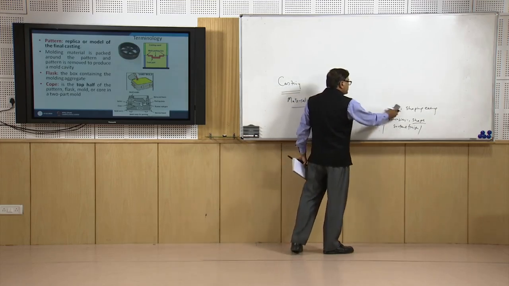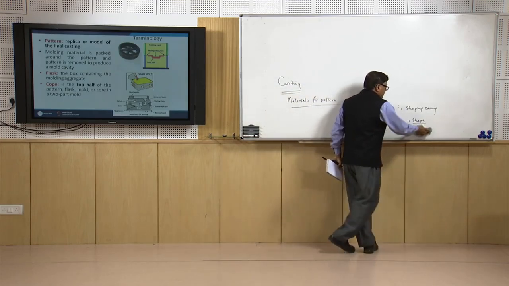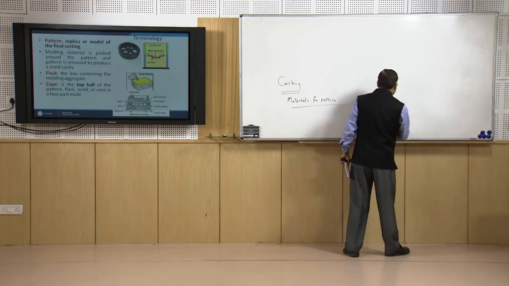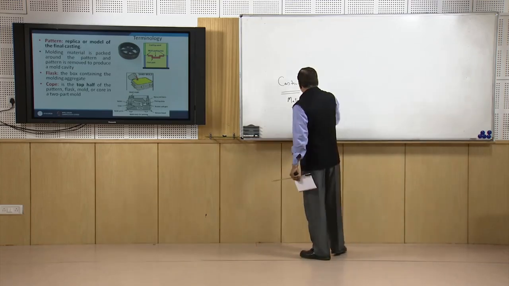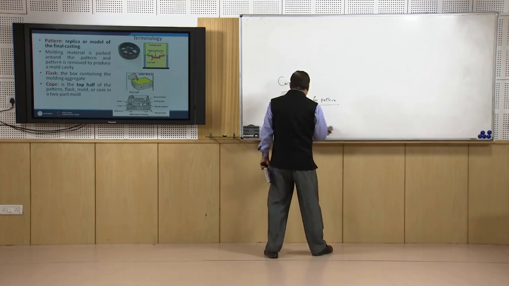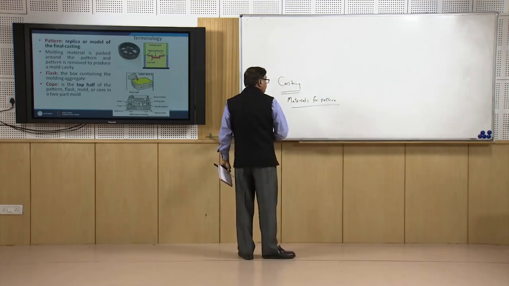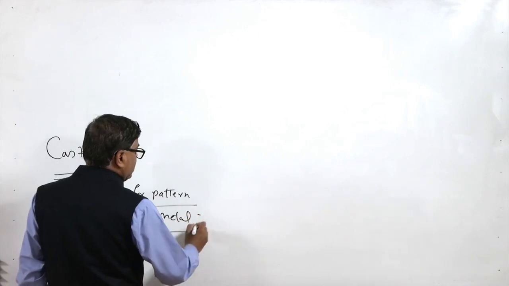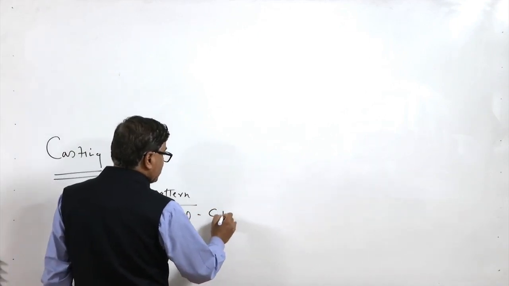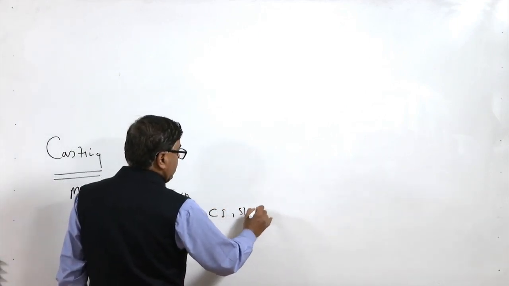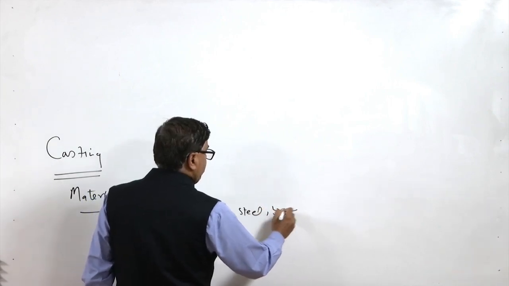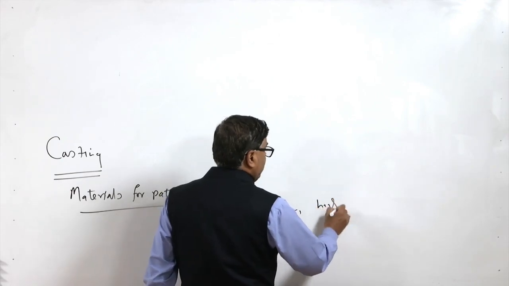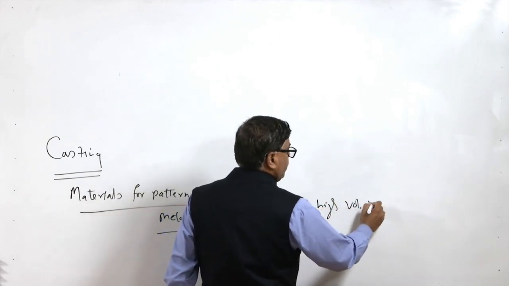Still, it is good to make the patterns of the wood for the low volume production, for the low cost production, but when the volume of the production is high, then metallic patterns are preferred. Among the metals, we can use cast iron, we can use steel, we can use brass for this purpose.